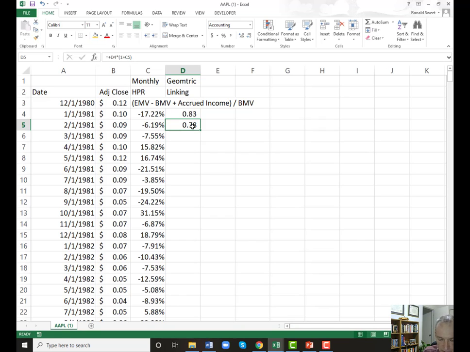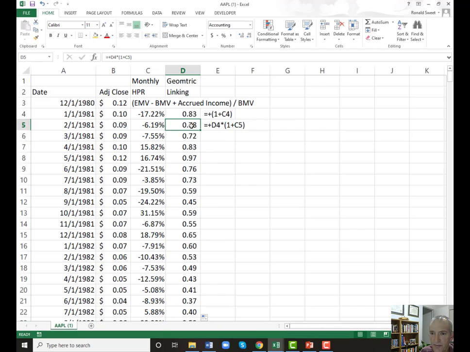And we're geometrically linking them, so I'll put the formulas over on the side so you can see them. And now we can just copy, now they're all linked. We're just going to be linking them down, and now we can copy this second formula all the way down. By the third month, you would have lost 28 cents of your dollar, 28%.